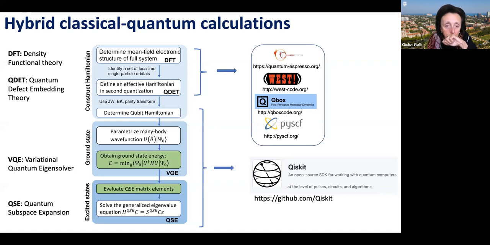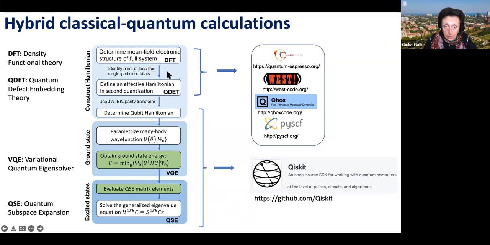So, there are several prefactors. There is the prefactor of building the effective Hamiltonian first on a classical computer, and doing all these calculations that have a scaling that is not innocent.